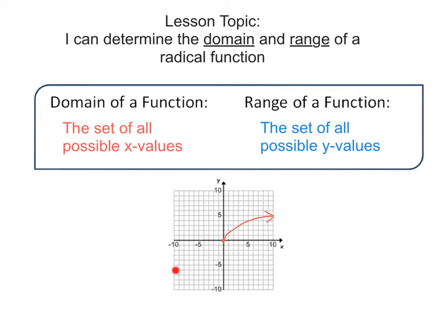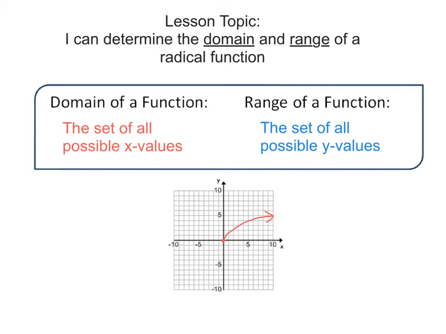So the question is, what is the domain of this curve? Now, we're not paying attention to the graph paper or the coordinate plane shown. We're just looking at this red curve right here. What are all the possible x values that are on this red curve? Well, as you can see, there are no x values on the curve to the left of 0, because the starting point for this curve is right here.